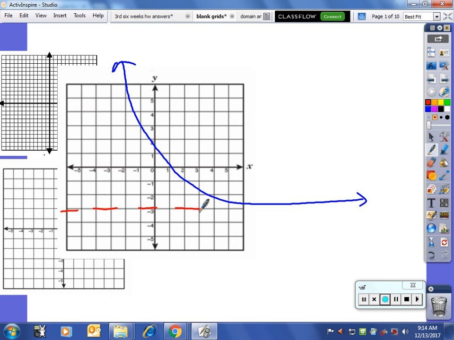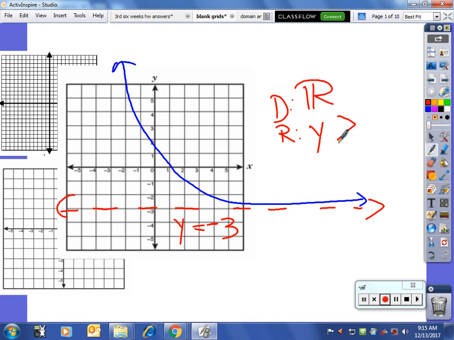And again, it's kind of just an invisible line that's really not on the graph, but it's what the curve will approach and never touch. So this asymptote is at y equals -3. So what's the domain of the blue curve? All real numbers. What's the range of the blue curve? Y is greater than -3. Does that make sense?